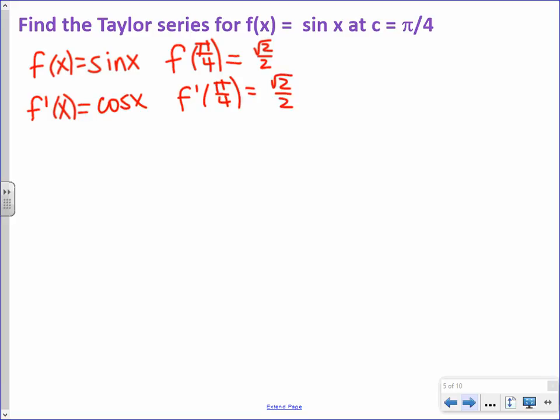So another radical 2 over 2, right? What's going to happen with our derivatives? Yeah. Positive, positive, negative, negative, right? So we know that our next two derivatives are going to be negative sine of x at pi over 4 and negative cosine of x at pi over 4. And that pattern is just going to keep going, right? We've seen that. Anytime we have a cosine or sine, we're going to have a cycle of 4, right?